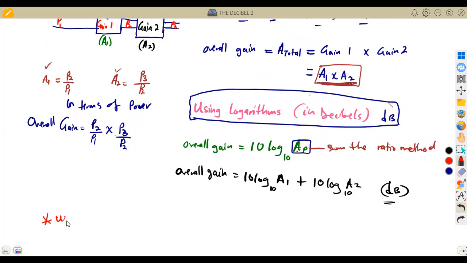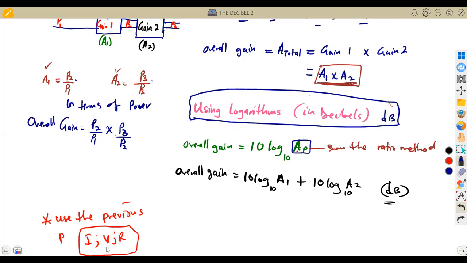Which formulas are we talking about? Remember, formulas for calculating power when you are given current, voltage, or resistance. You must be able to connect these formulas in order to calculate the power, because you are going to need the power. If you are given the power, then it's an advantage.